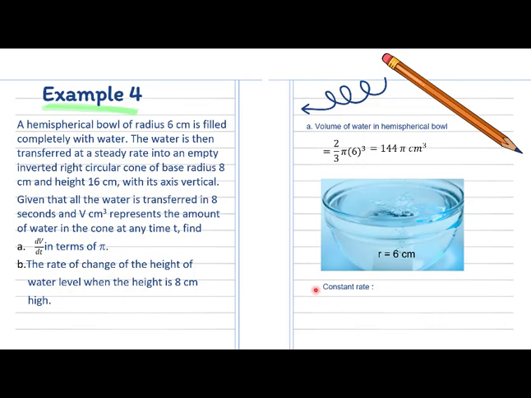Since the water is transferred at a steady rate, it will be calculated as delta V over delta t. The change of the volume is 144 pi, and delta t is 8 seconds, so that dV/dt is 18 pi cubic centimeter per second.